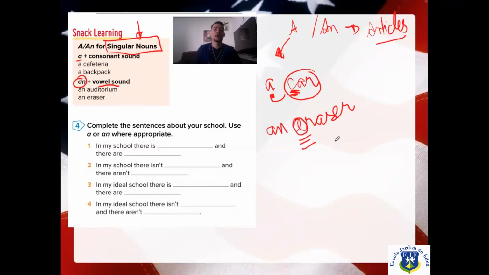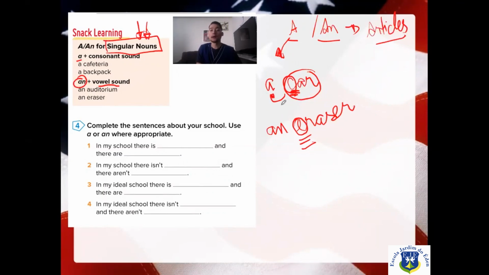Então, pessoal, olha só. Esse a e an são os articles, são os nossos artigos, tá? Os nossos artigos indefinidos. O que acontece então, pessoal? Nós temos aqui a and an. Quando nós tivermos um substantivo, uma palavra que começa com consoante, ok? E sempre no singular, começou com consoante, nós iremos colocar a.